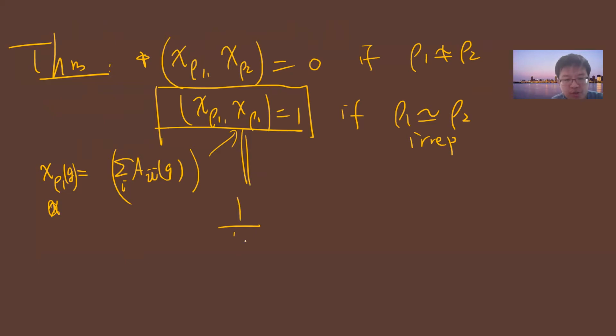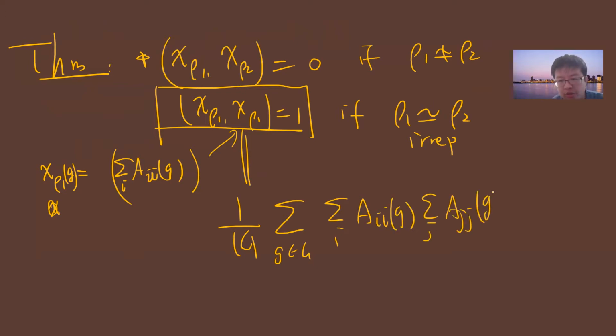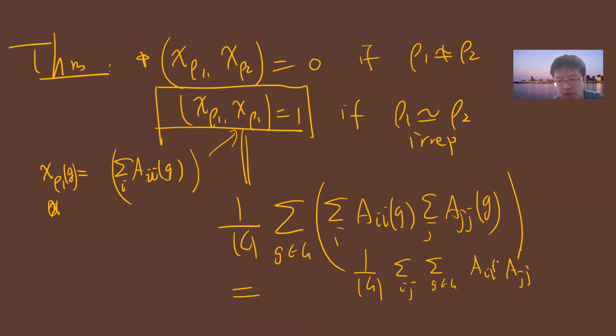This is just 1 over |G|, the sum over g in G, of the sum over i of A_ii of g, times the sum over j of A_jj of g. There are three sums, but now all of them are finite, so I can change the order. I get 1 over |G|, sum over i, j, of the sum over g in G of A_ii times A_jj. By the orthogonality relation, this gives delta_ij. Sorry, there should be complex conjugates here.